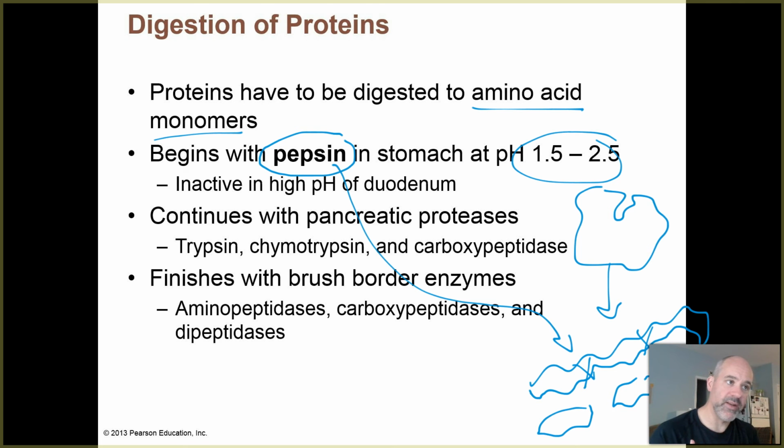Those partially digested proteins then encounter the trypsin, the chymotrypsin, and the carboxypeptidase enzymes that are part of your pancreatic secretions that have become activated in the duodenum, like we talked about in an earlier lecture. Those continue the process of chopping apart those proteins.